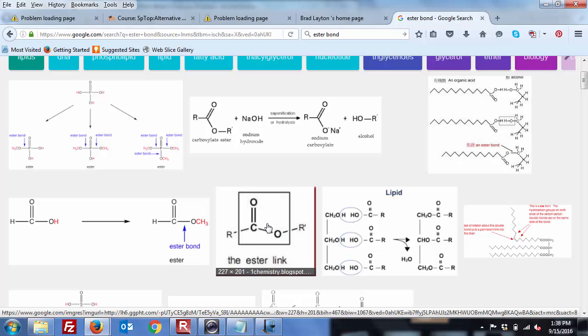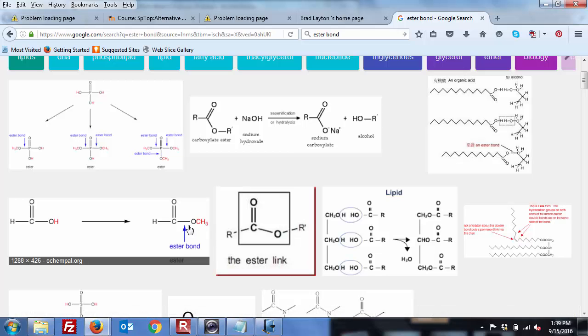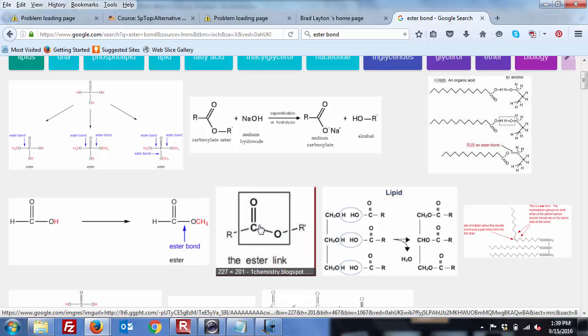So wherever you see that, you're like, okay, that's an ester bond. You get a carbon, and this carbon could be attached to another carbon. The R just means it's a side chain, if you think of it as just random links. So the carbon is attached to some group. The ester bond itself is this oxygen just adjacent to that oxygen double bond.